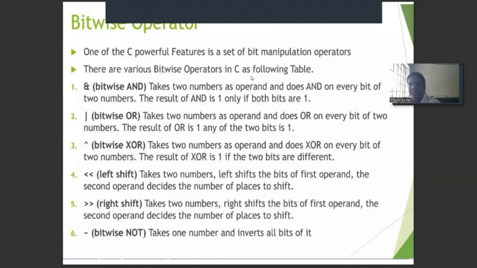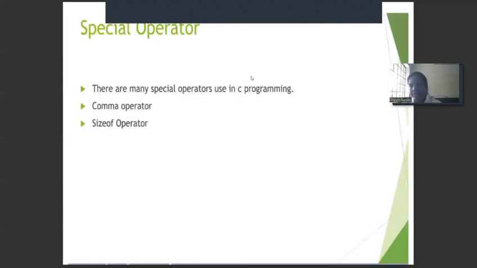Right shift the bits of the first operand. The second operand decides the number of places to shift. And then the last one in bitwise operators is bitwise NOT. It takes one number and inverts all bits of it.